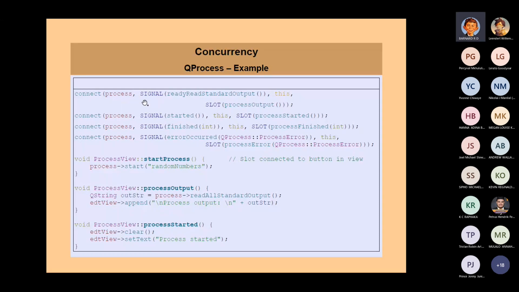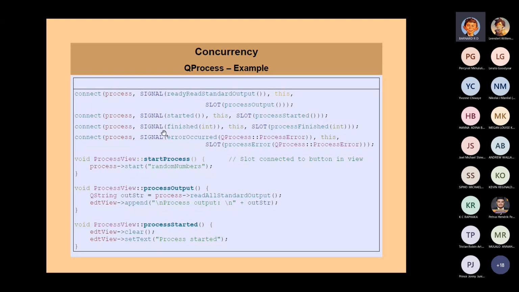And you connect your process's readyReadStandardOutput to some slot in your application called processOutput. You then connect your process started signal, and you can have a slot within your application called processStarted, which would either do some kind of processing or just communicate with the user that the process has started.